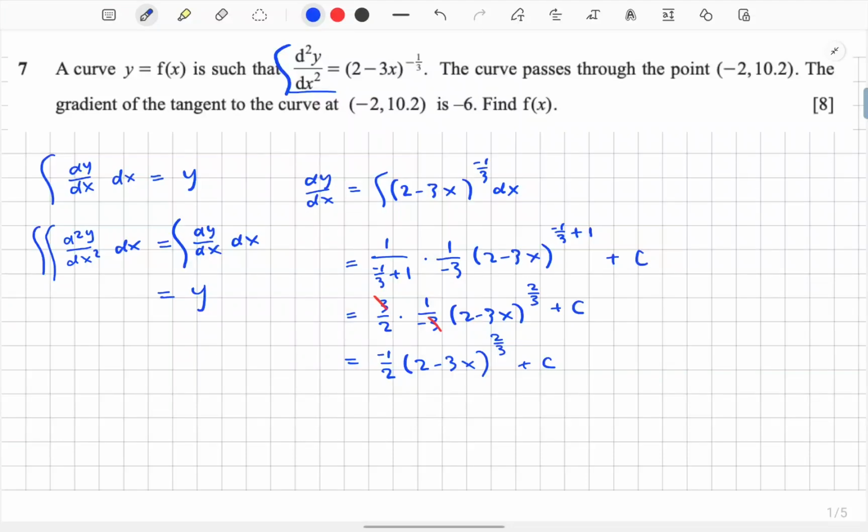So the question told us that at x equals -2, the gradient is -6. So we know that the outcome of a derivative is the gradient. So this expression at x equals -2 will give us -6. So we'll just plug in the -2 into our x.